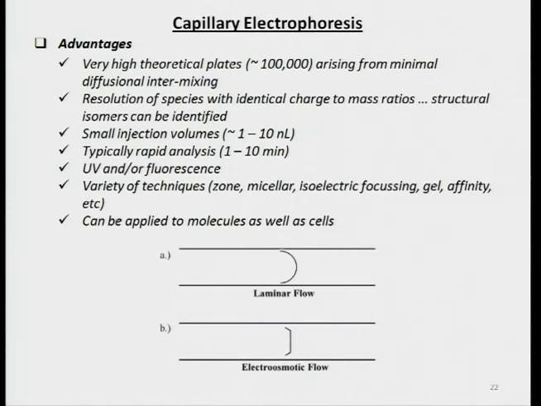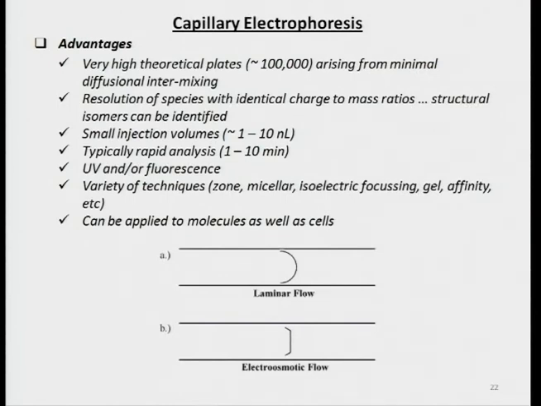The advantage of this technique is that the resolution is pretty high. The number of theoretical plates is really high, and that arises primarily because of the different flow conditions. Under normal conditions, when we do chromatography or electrophoresis, the flow is typically of this sort, and in this region there is intermixing going on.